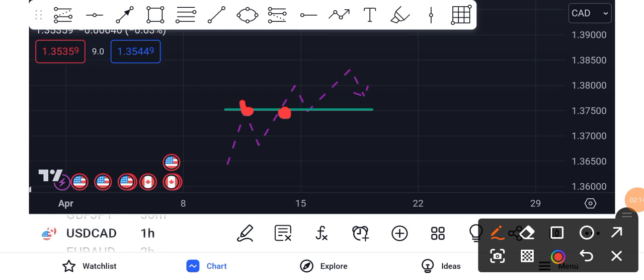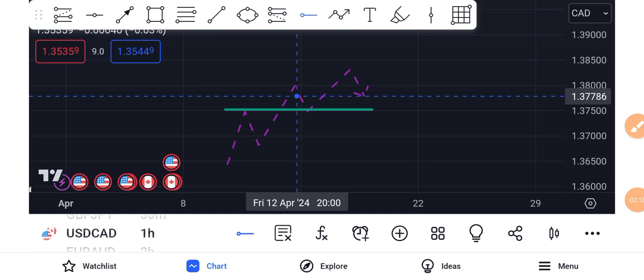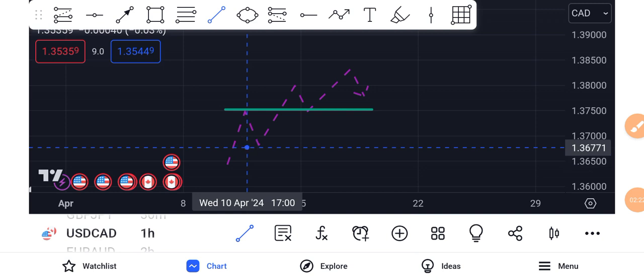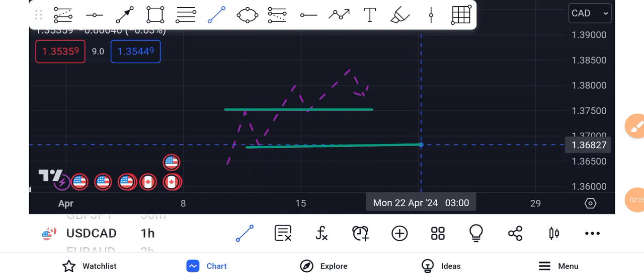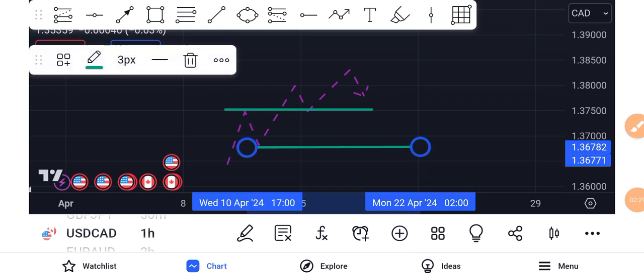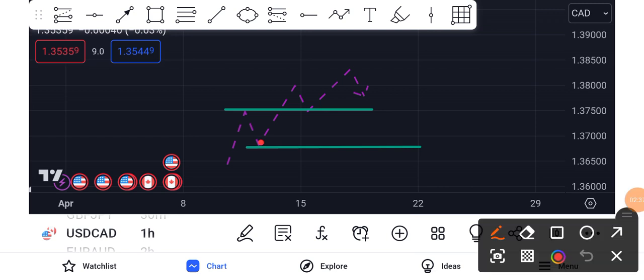Now below, here is a support. Okay, this works more on a consolidation trend. You see here is a support and here is a resistance.